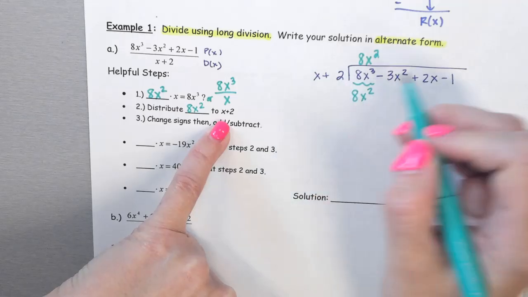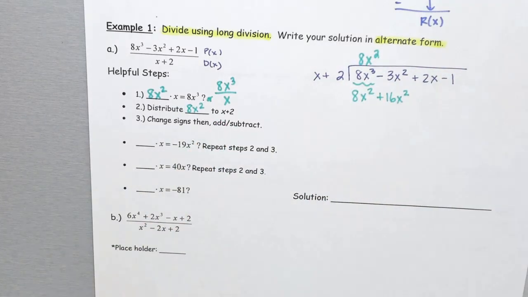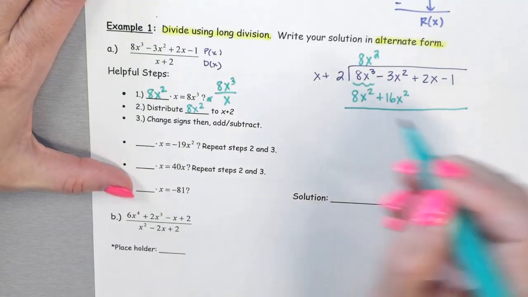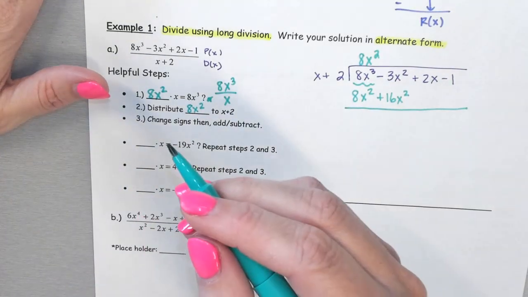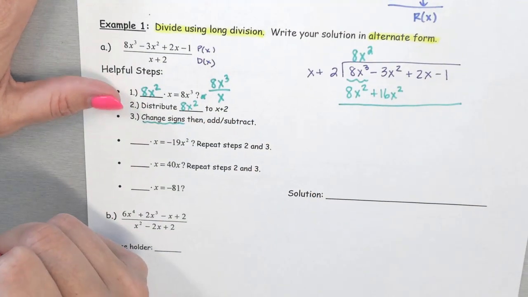So 8x squared times 2 is going to be 16x squared. Okay, and then once you do that, just like we did before, you're going to subtract. Now, when you see this subtraction, you are going to have to distribute the negative.